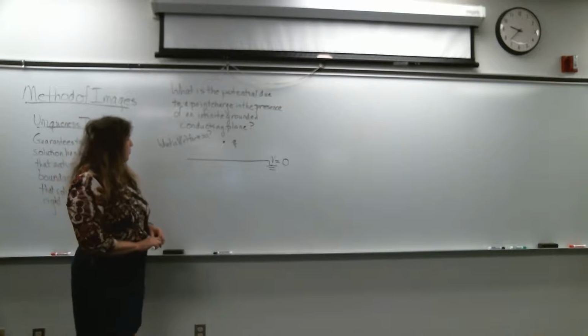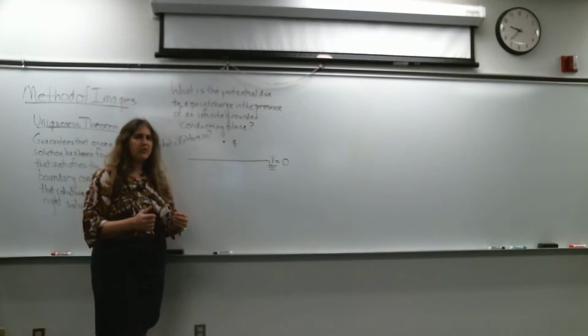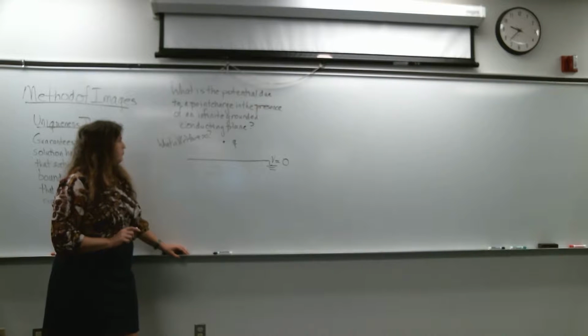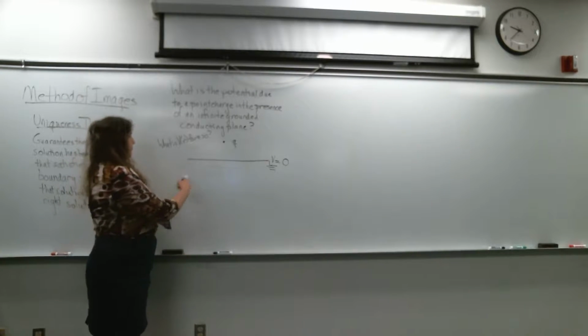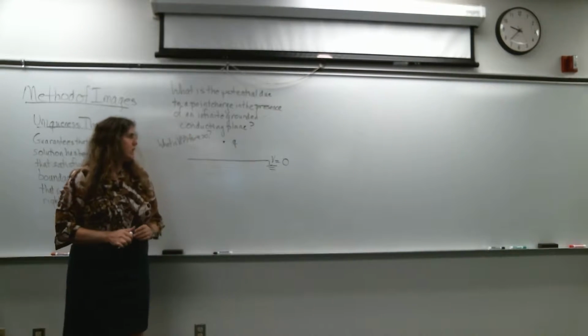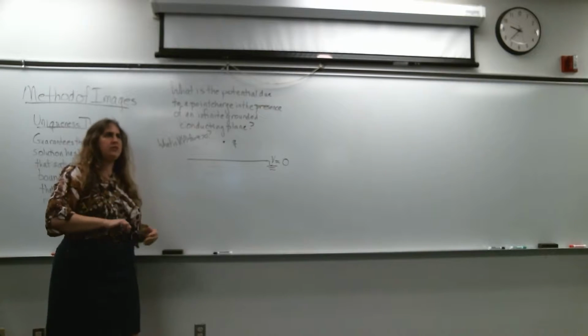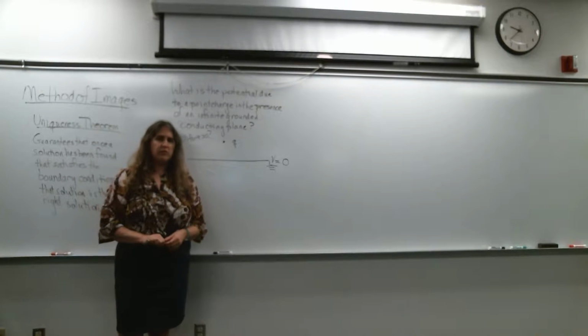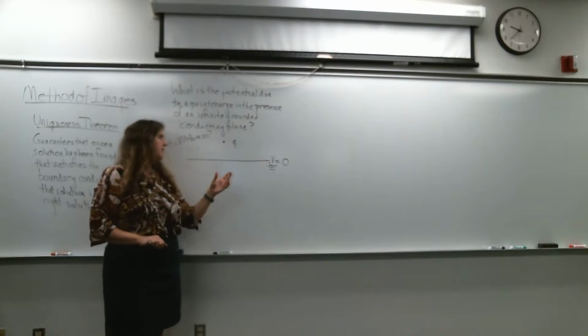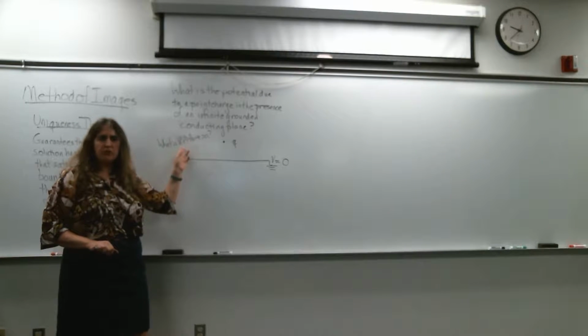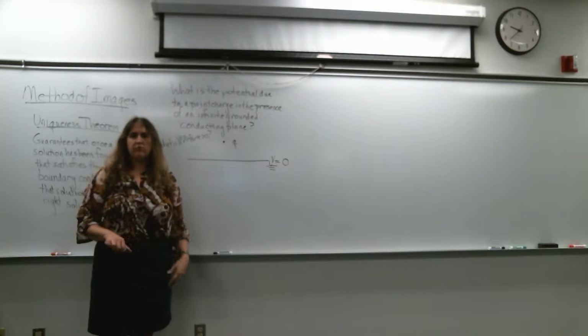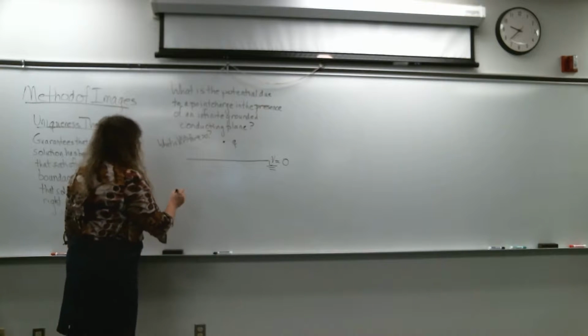So where do I start? How do I actually start writing down an expression? Your first inkling is, well, you know that potentials obey the superposition principle, so you must have a contribution to your potential due to this point charge. Seems like a reasonable thing to say, and in fact, that's correct.